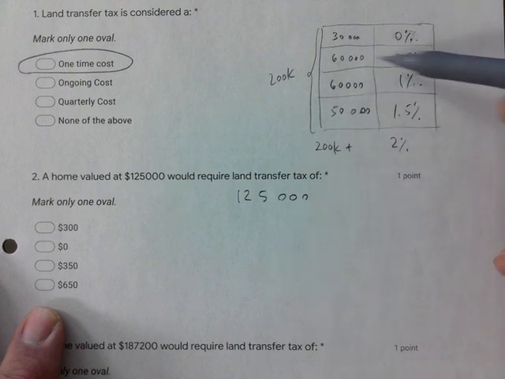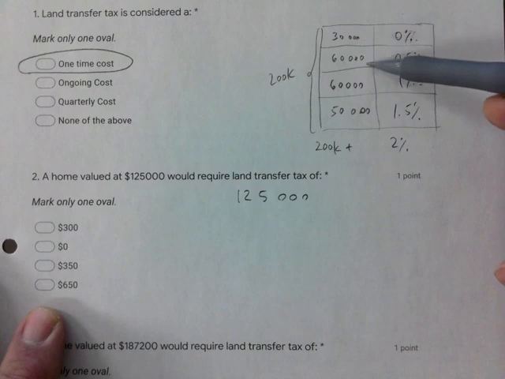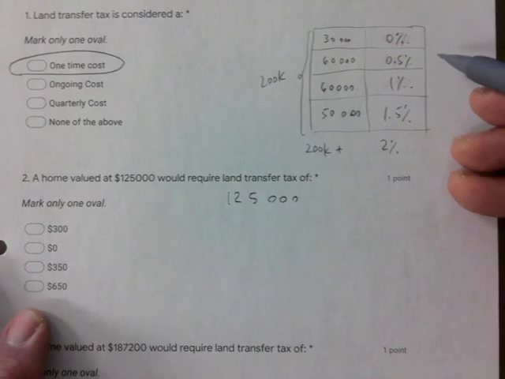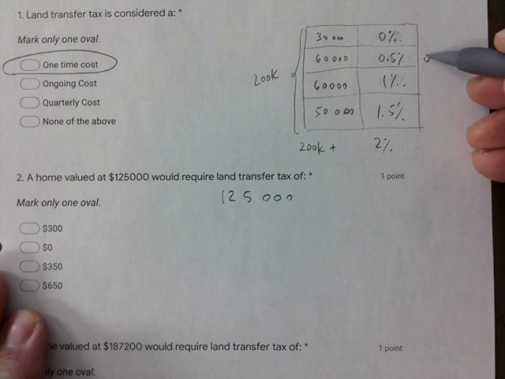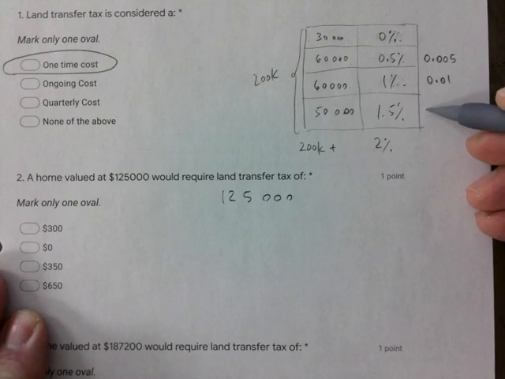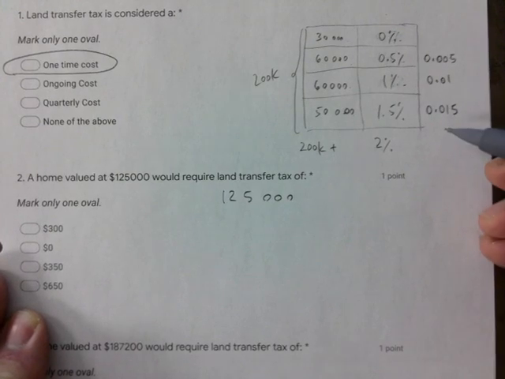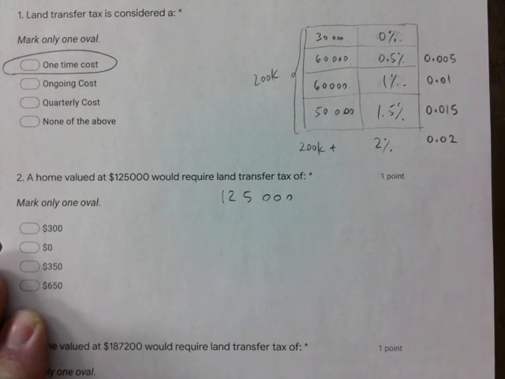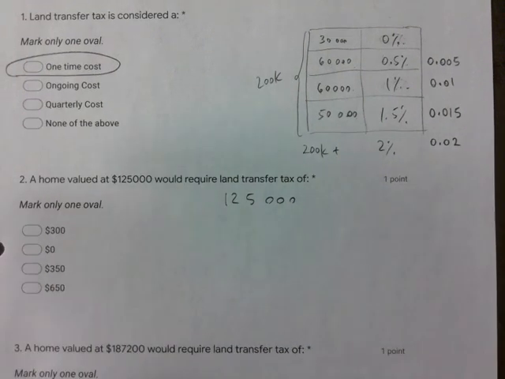Especially the zeros, the first 30, 60, 60, 50, and the percentages. And maybe to save you some grief, you also write down the decimal equivalent of those percentages, right? That way you're not scrambling to figure out what those should be.